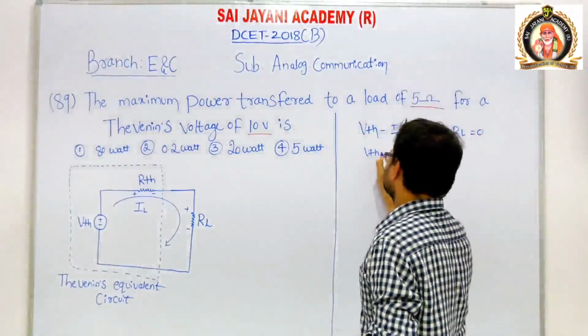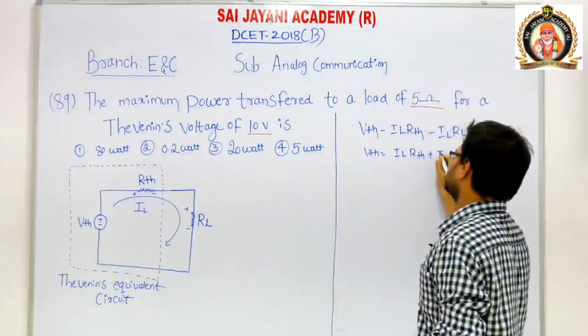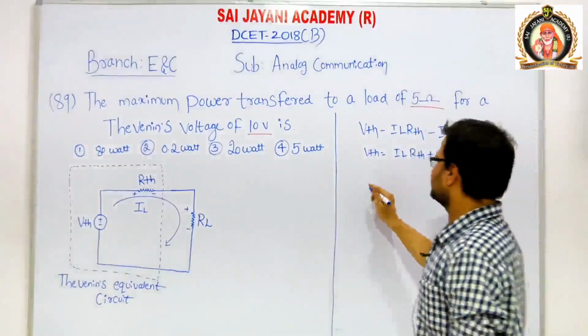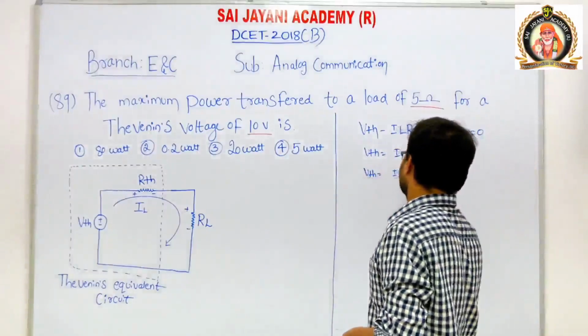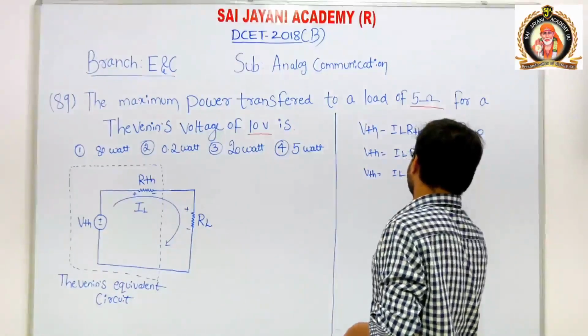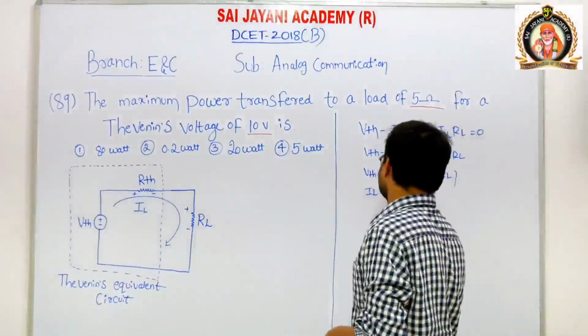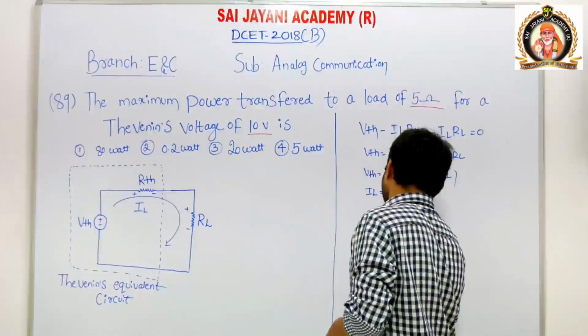Then VTh is equal to IL into RTh plus IL into RL. If you take a common of IL, that is load current, then you get IL into RTh plus RL. Then the load current is given by IL is equal to VTh divided by RTh plus RL.